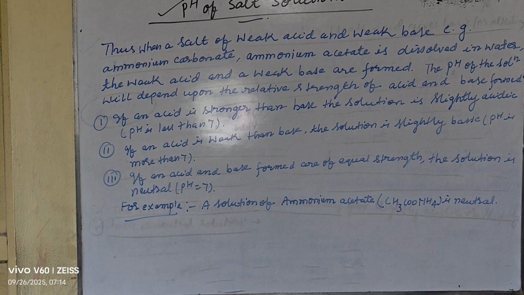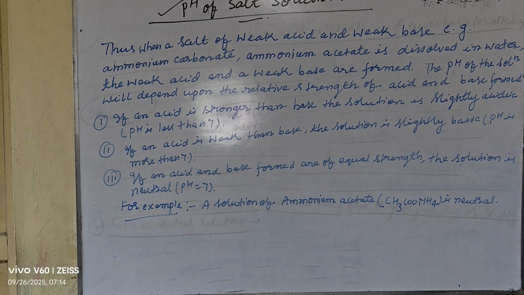First one is the salt of weak acid and weak base. For example, ammonium carbonate and ammonium acetate dissolved in water, the weak acid and weak base are formed. The pH of the salt will depend upon the relative strength of acid and base formed.